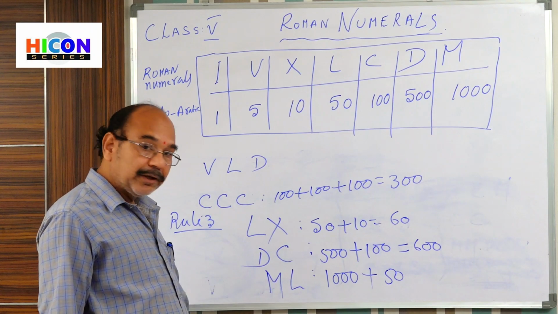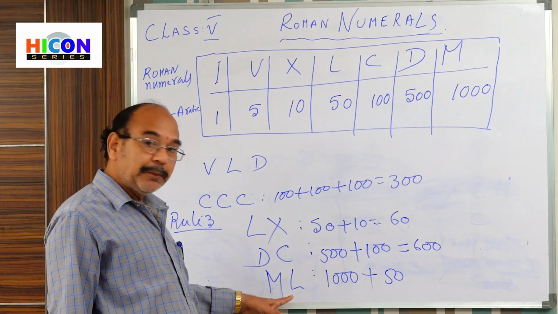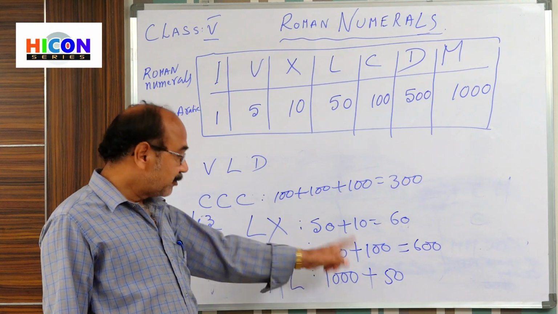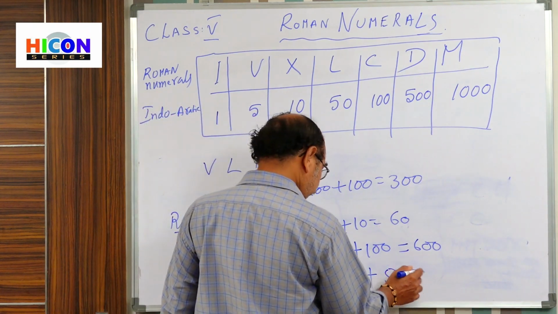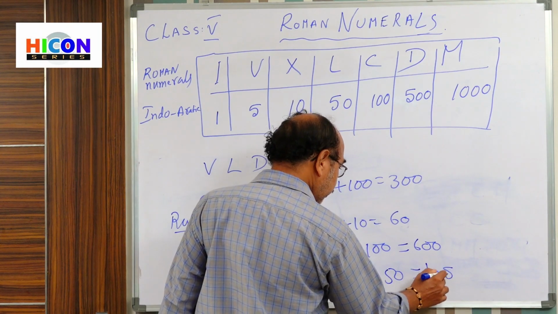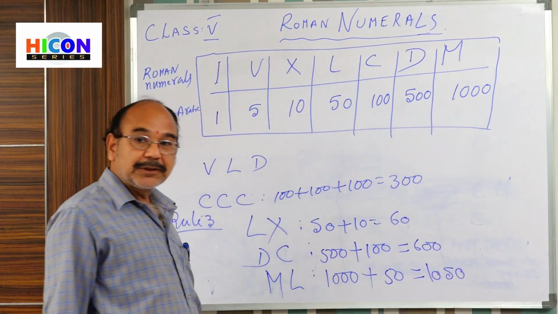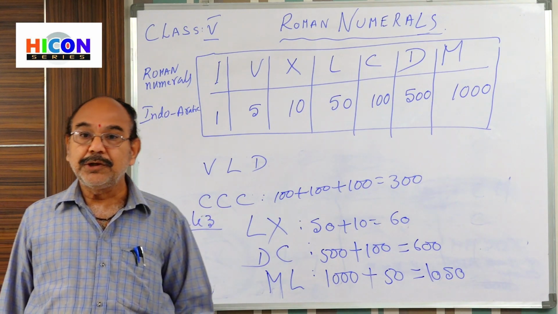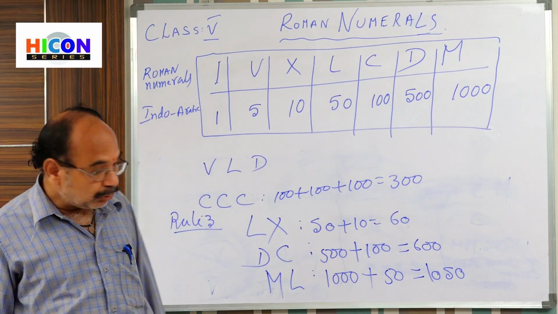Why is it added here? According to this rule, a smaller number is placed to the right side of the bigger one. That's why 1000 plus 50 is 1050. Like this, by following this rule, we can write Indo-Arabic numerals. Rule 3 complete.